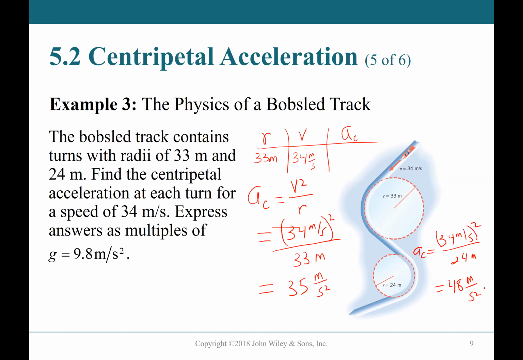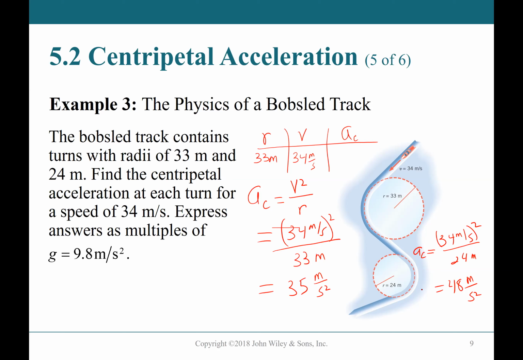You see, the object is moving at constant speed. In other words, the speed is the same here and here. But what is changing is the acceleration. And we see that the smaller the radius here, the larger the acceleration.